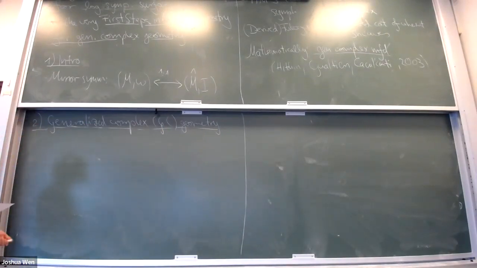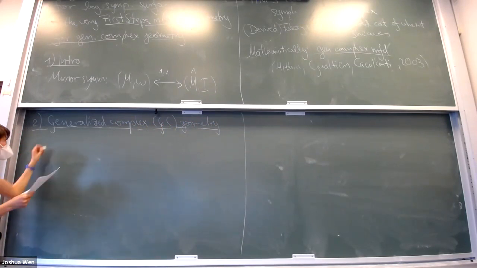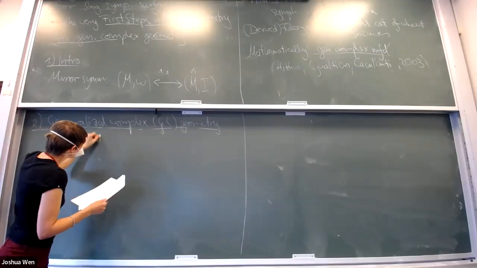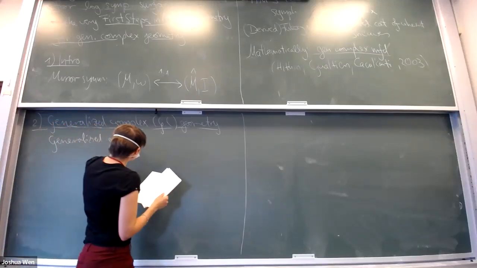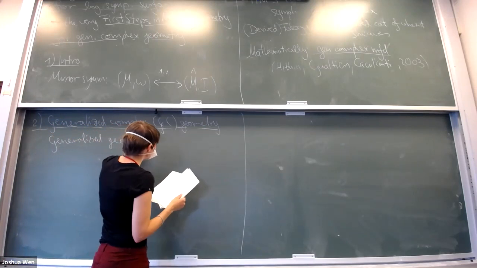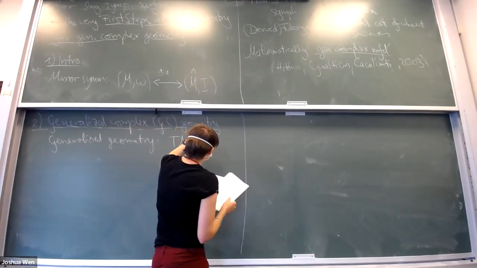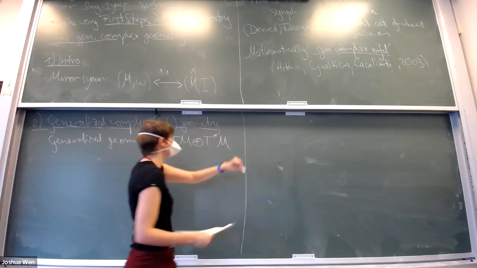Generalized complex structures fit within this whole framework of generalized geometry, which in the simplest terms means doing geometry on TM plus T*M.